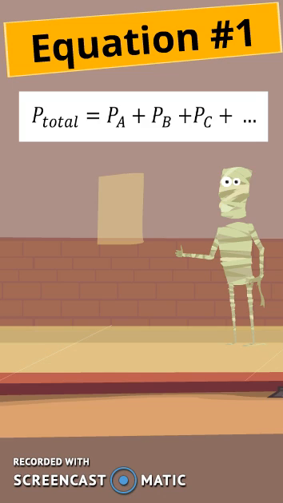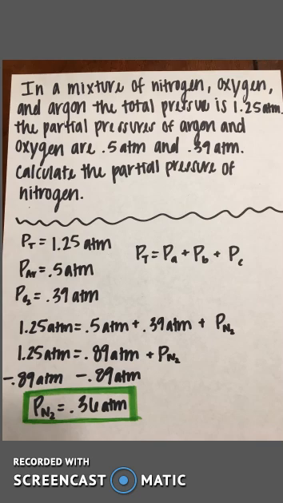Partial pressure can be calculated using Dalton's law of partial pressures. P total equals PA plus PB plus PC, and so on. As you can see in this question, it gave me the total pressure of the container, and then it gave me the partial pressures of these two gases, and then I subtracted and found the partial pressure of nitrogen.